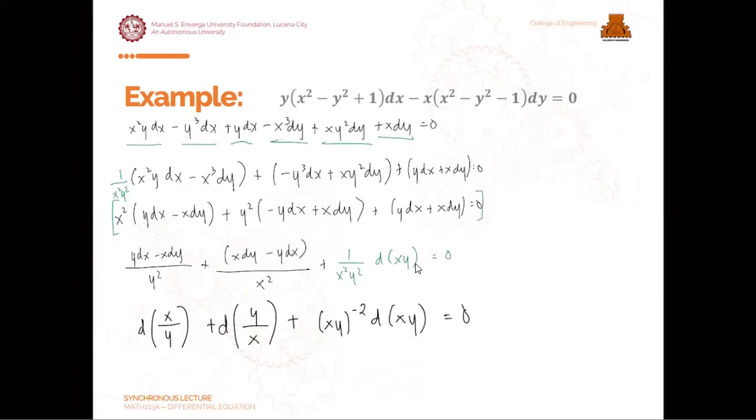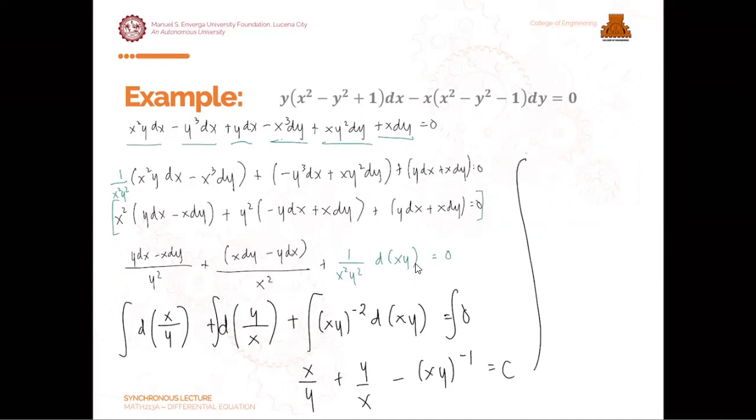Is equals to 0. So kita natin all the terms are now integratable, no? So, integrate natin each term. So, we have x over y plus y over x. Since negative 2, plus 1, that will be negative 1. So, magiging minus xy negative 1 over negative 1, kaya may naging negative yung sign, is equals to c.